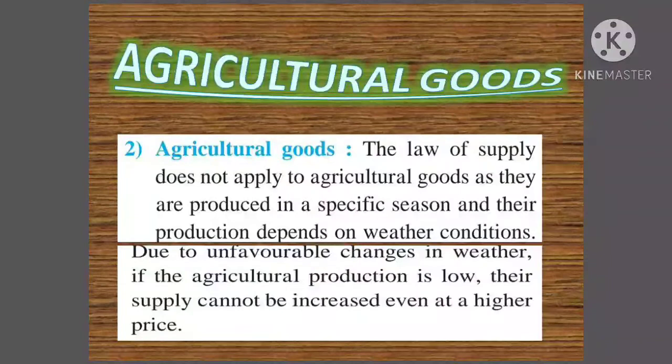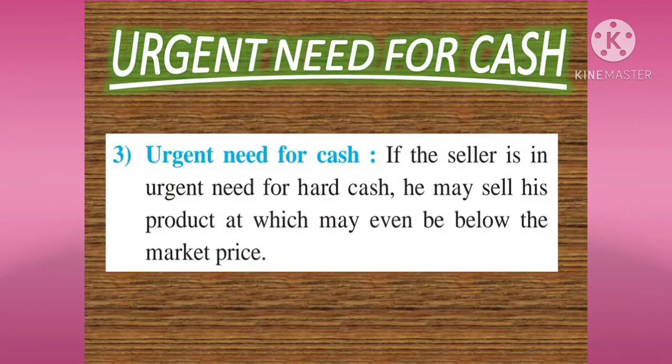Due to unfavorable changes in weather, if the agricultural production is low, their supply cannot be increased even at a higher price. Point number 3. Urgent need for cash. If the seller is in urgent need for hard cash, he may sell his product even below the market price.